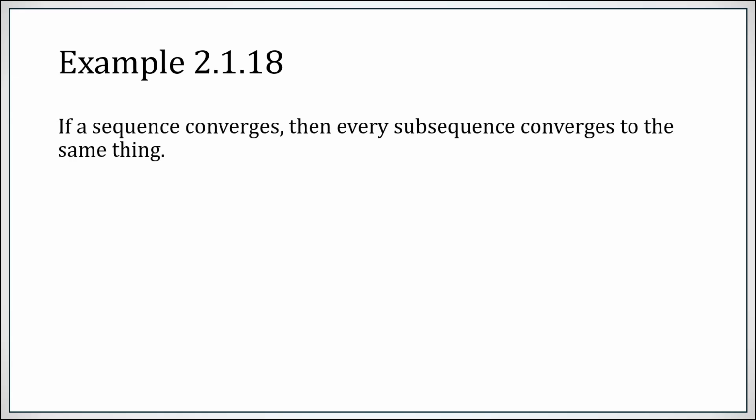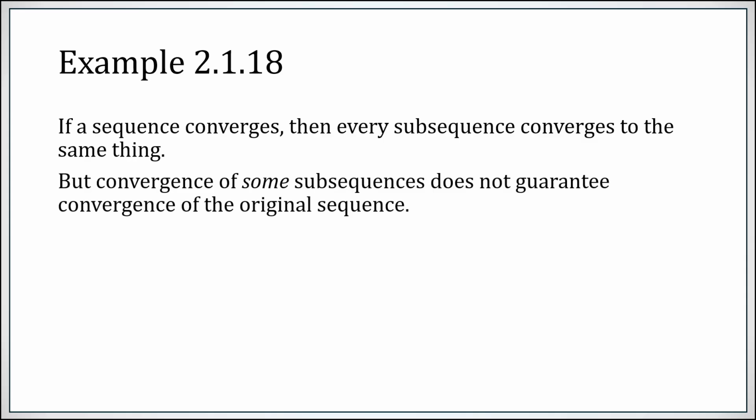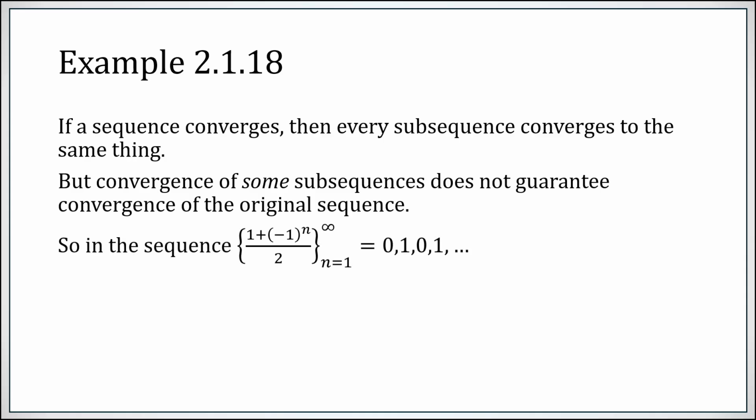Finally, let's look at example 2.1.18. If a sequence converges, we've just shown that every subsequence converges to the same thing. But a sequence can have certain subsequences converging without the original sequence converging to anything. So consider a sequence. Here's a nice expression for it, but really you just have to know it goes 0, 1, 0, 1, 0, 1, 0, 1.